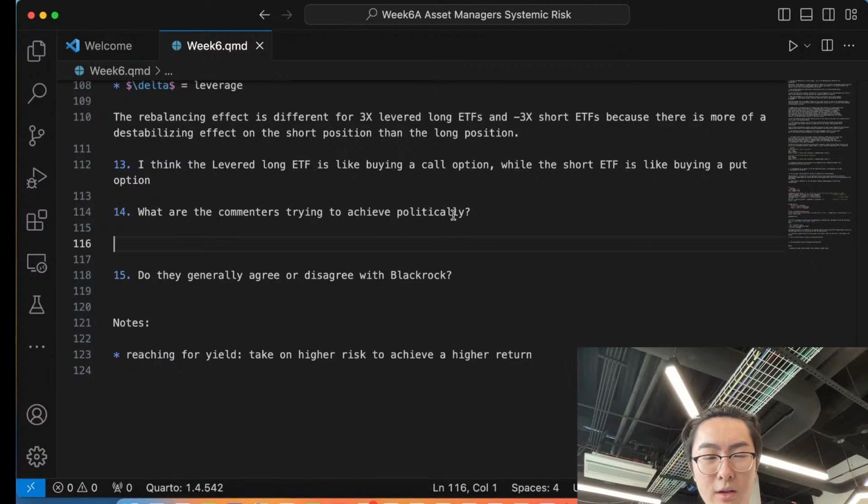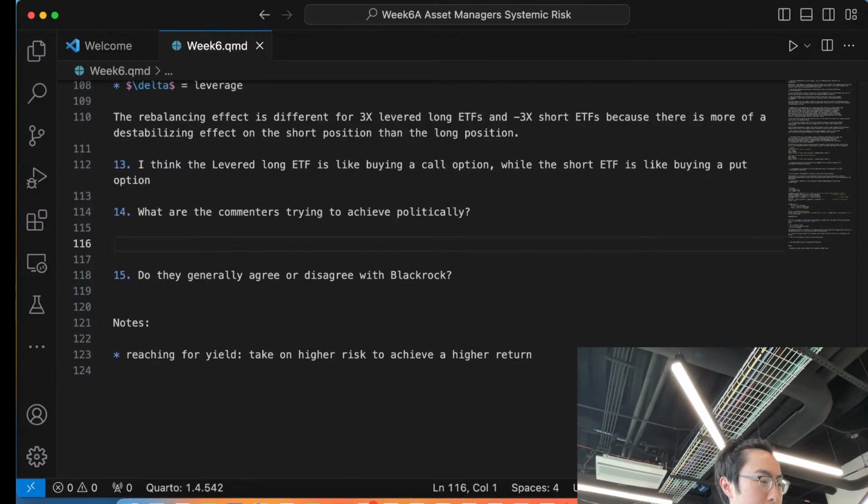While if you're more conservative or right-leaning, you might agree with BlackRock that the asset managers are not really a systemic risk. So that's just face value of what I think. I could be wrong. So I'll see what these guys have to say.